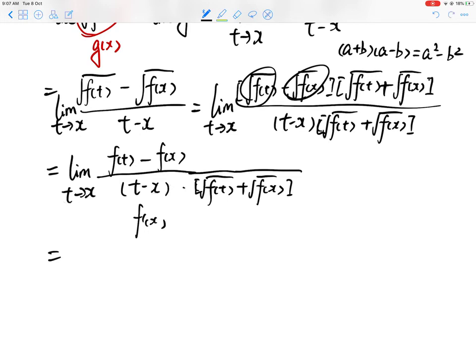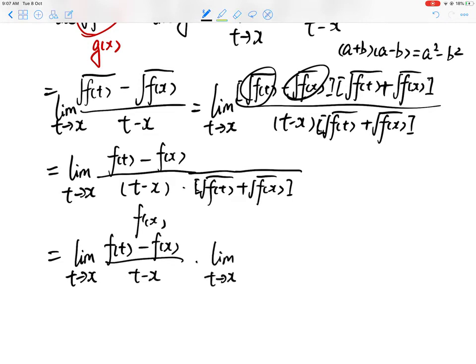To make it clear, we can separate this limit. Remember, when you separate the limit into two parts, both limits must exist so that you can separate; otherwise, you can't. Separating means the limit of the product equals the product of the limits. Now it's quite clear.